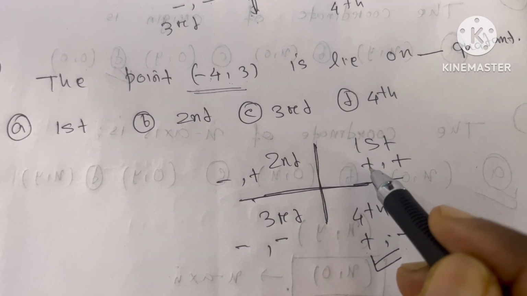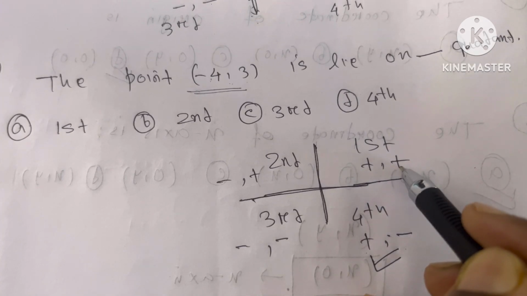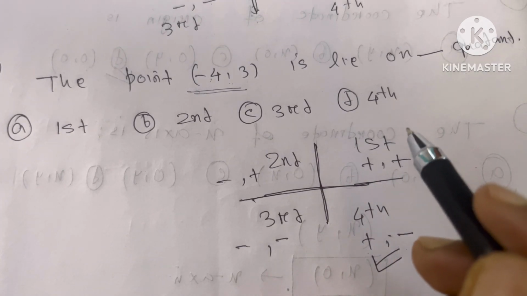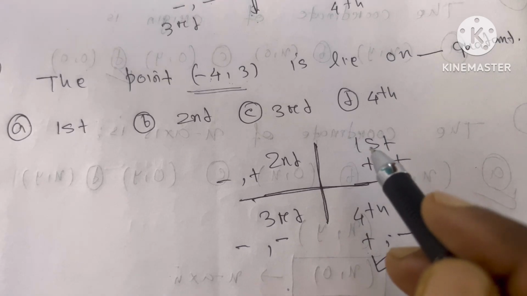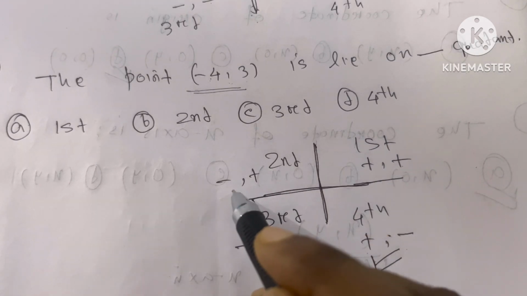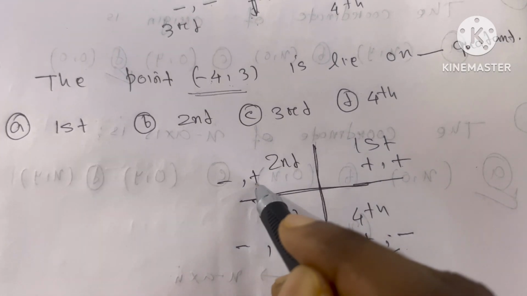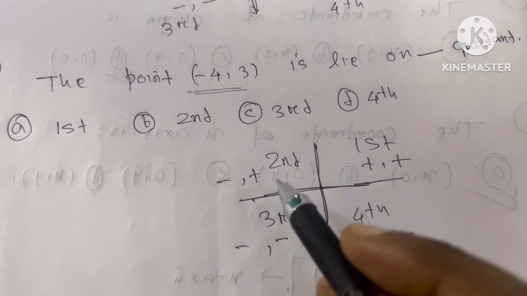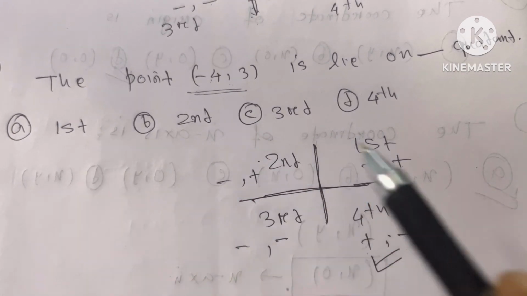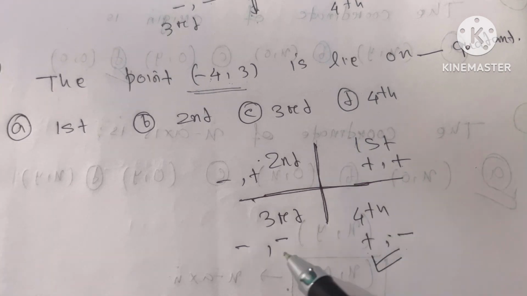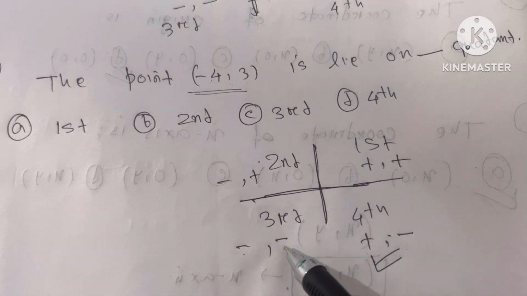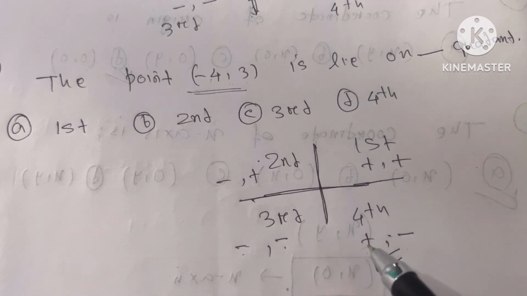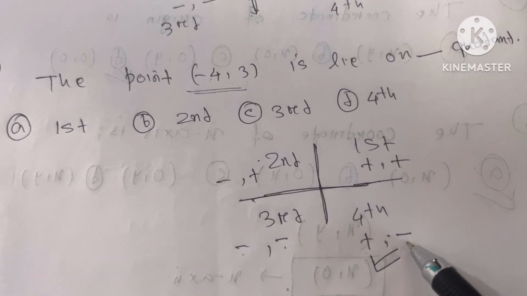The symbol of the first quadrant is plus, plus, so all plus, plus coordinates lie on the first quadrant. When the coordinate is in the form minus, plus, that point lies on the second quadrant. If the coordinate is minus, minus, the point lies on the third quadrant. If the coordinate is plus, minus, the point lies on the fourth quadrant.